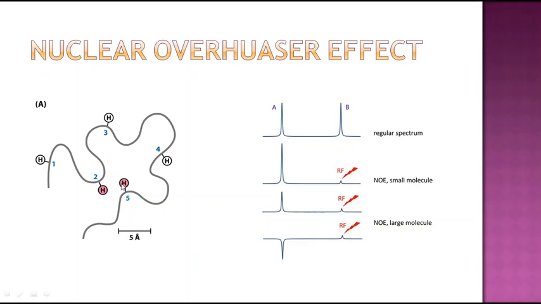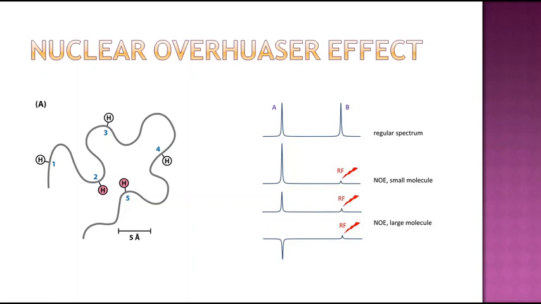If it comes closer to that extent, then you can see here, this is the regular spectrum expected. This hydrogen has to give one signal, that hydrogen has to give another signal. But due to this nuclear Overhauser effect, one signal will get reduced, another signal will get intensified. This is called the nuclear Overhauser effect.